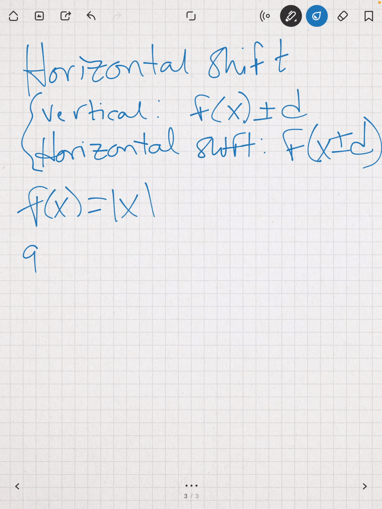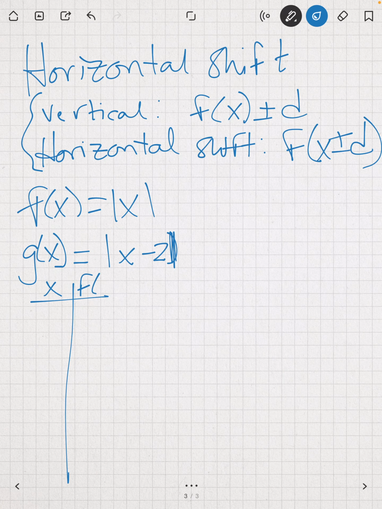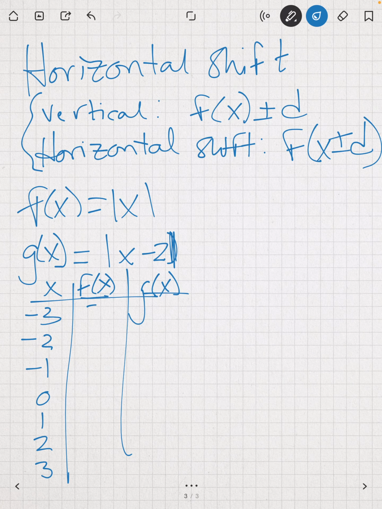Well, if g of x is the absolute value of x minus 2, what does that look like in our table? So x, f of x, g of x. So x, we'll just do the same, -3, -2, -1, 0, 1, 2, 3. Absolute value. Take the value of it.